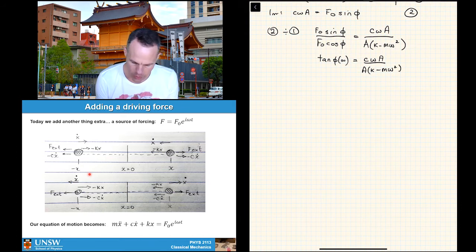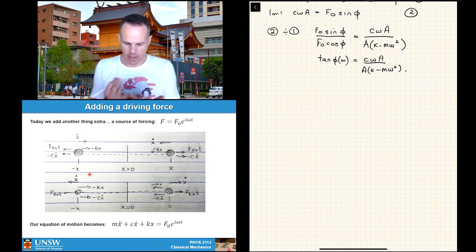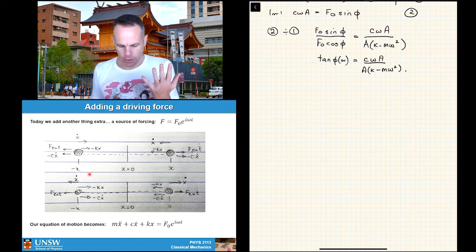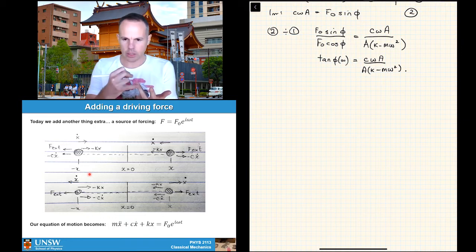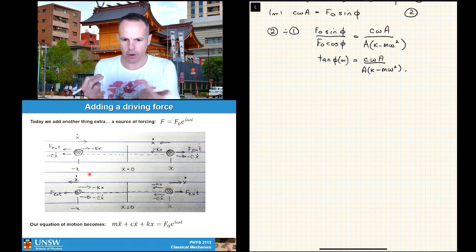m omega squared. Now some of you might have asked, why didn't you write phi as a function of omega and c and a and k and m in here? The reason I didn't put all those other things in is that in principle, for the given problem, the mass is fixed, the spring constant's fixed, the damping constant's fixed, and maybe even the amplitude of the response. It's less a variable you control, it's more a variable that reacts or is associated with the response of the system.